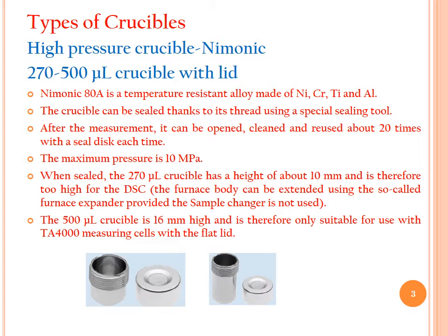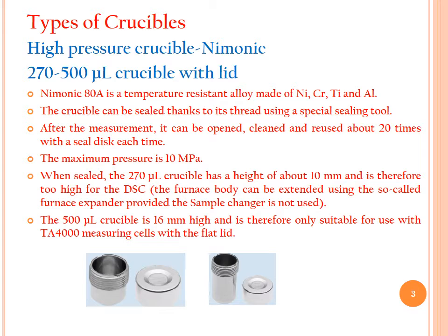Pneumonic ATA is used for the high pressure crucible purpose. Pneumonic ATA is a temperature resistant alloy made of nickel, chromium, titanium and aluminium.